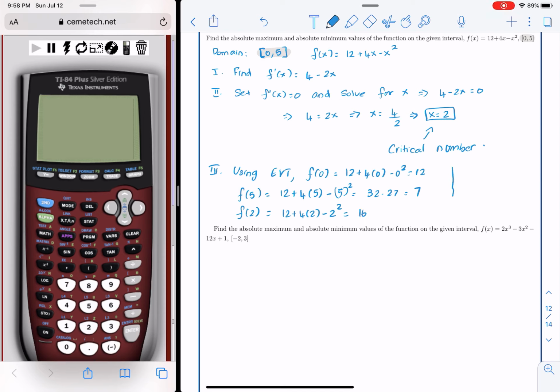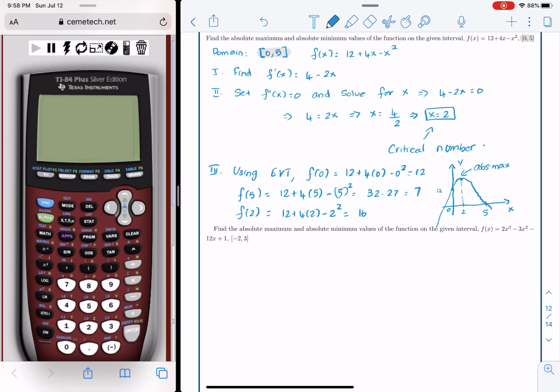So here I have 0, 2, and 5. And at 0, I had a value of 12. And at 2, I went up to 16. And at 5, I went down to 7. So clearly, I have a peak at 2, and that has to be an absolute maximum.